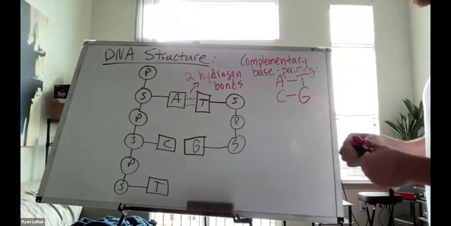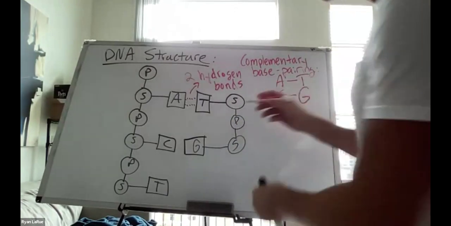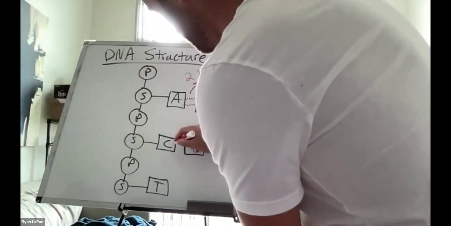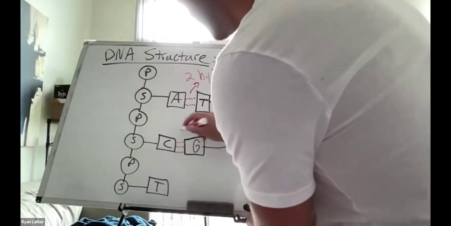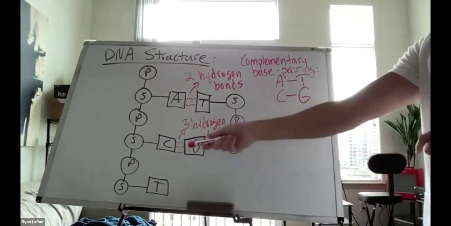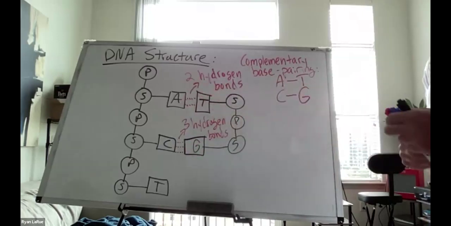Now, an important difference here is that 3 hydrogen bonds form between C's and G's. So 1, 2, 3. So we've got 3 between C's and G's, 2 between A's and T's.